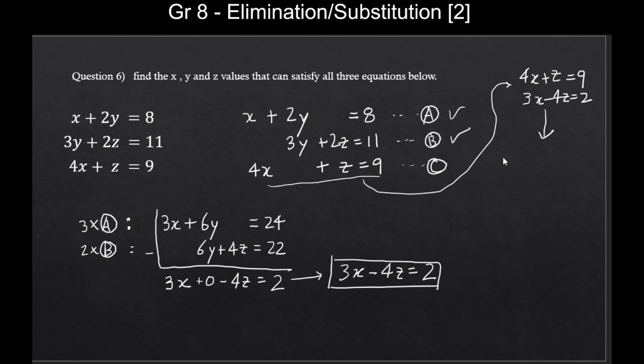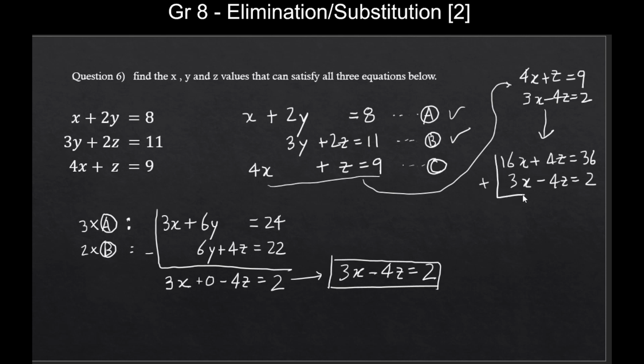So 16x plus 4z equals 36. I multiplied everything by 4, right? 3x minus 4z equals 2. And I would probably combine them, right?